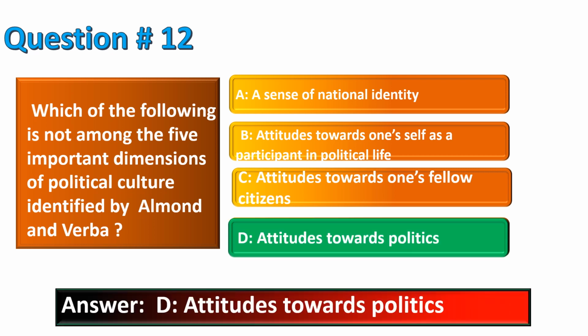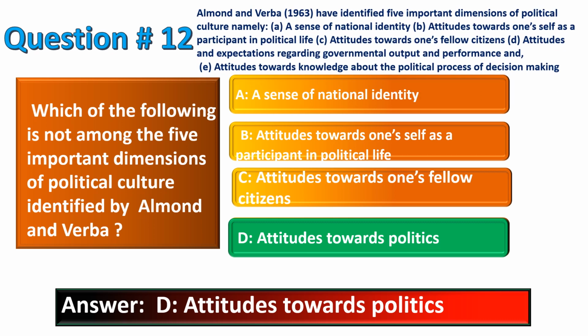The correct option is option D, attitudes towards politics. Almond and Verba have identified five important dimensions of political culture, namely a sense of national identity. These dimensions are very important.